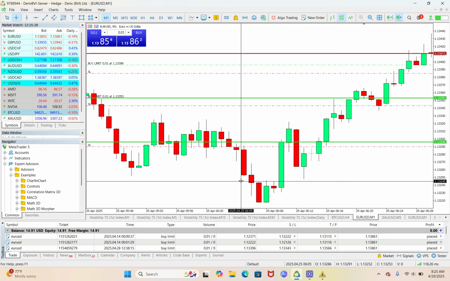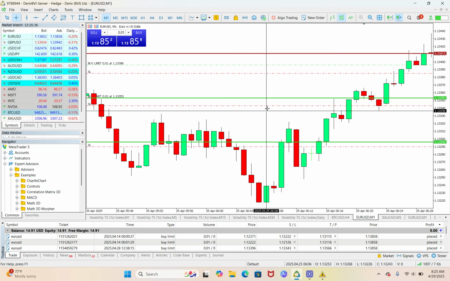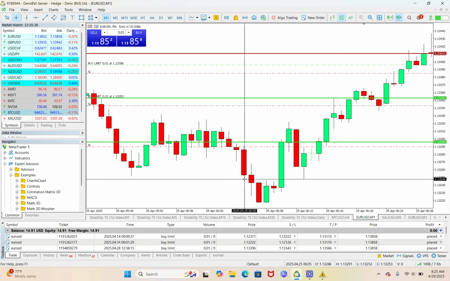So chances are if the market returns to this area, we might get a push to the upside again, because the market always repeats itself over and over. It's just for you to quantify your structure to trade from.